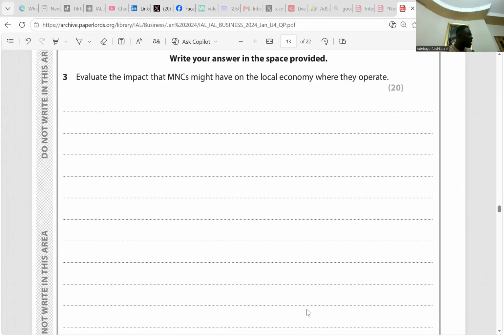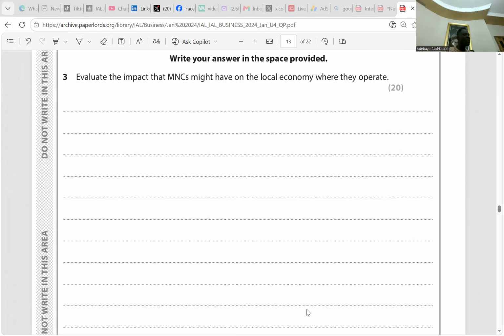So whatever point you make, you have to tell us the consequence of that point, or you have to relate the point to the next point. Oh, MNCs are repatriating profit. So how does that impact the local community? It impacts the local community because the profit that has been repatriated would not be used to build infrastructure.